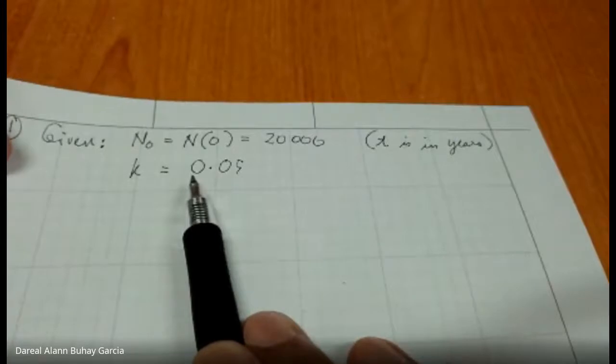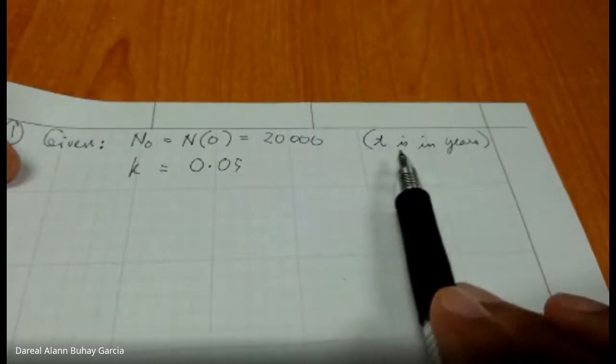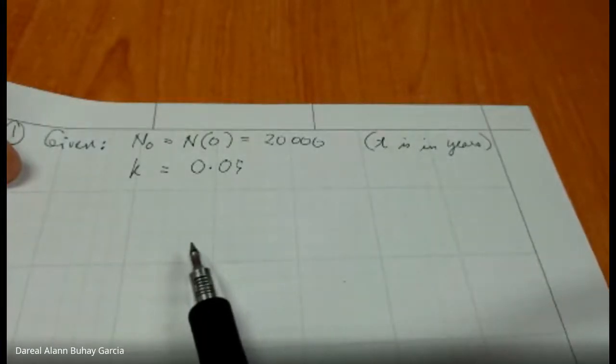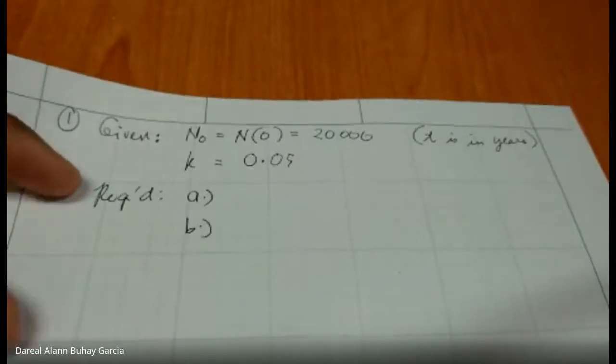Find or required. So we have two things nga i-solve. First, the amount in the account after 3 years, meaning N at 3 is question mark. So yung pag-state, what is the amount after 3 years? Okay? The time required for the account to double in value.